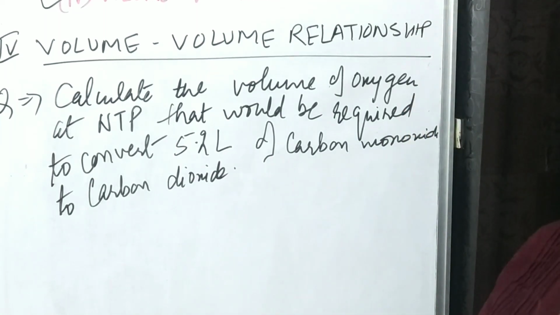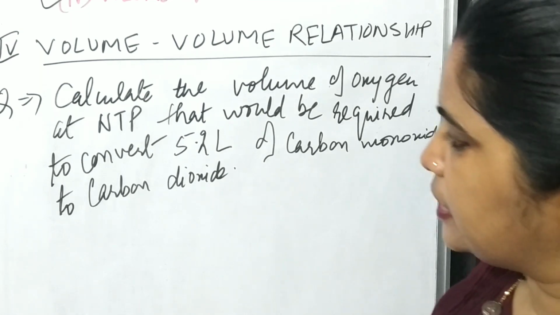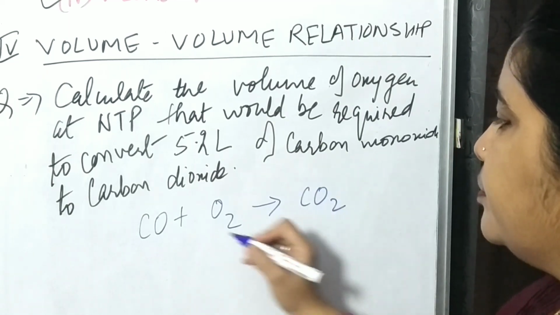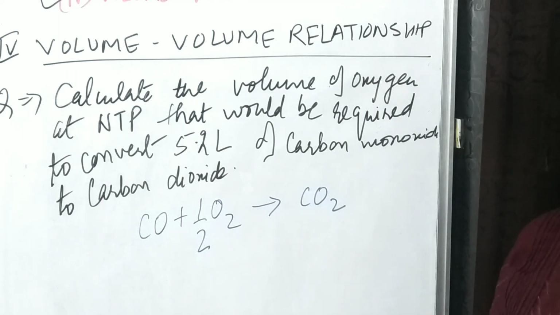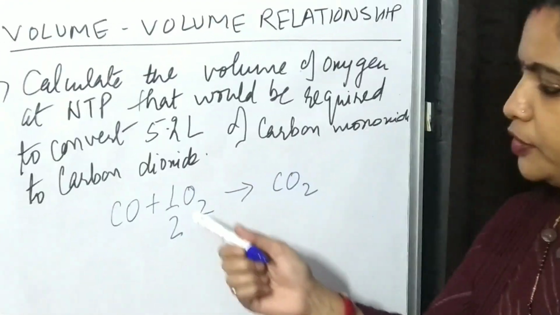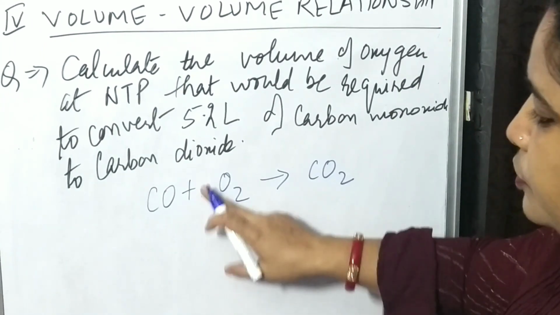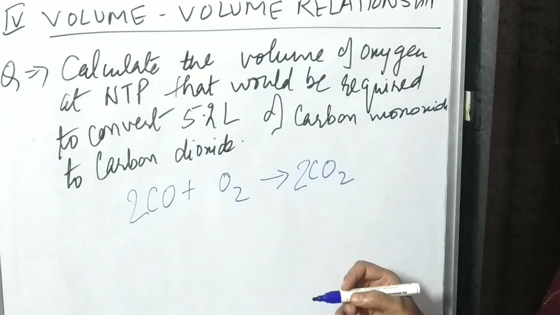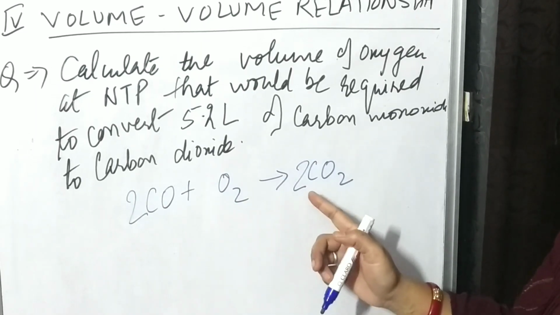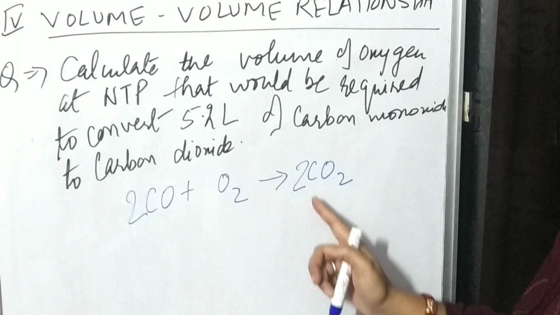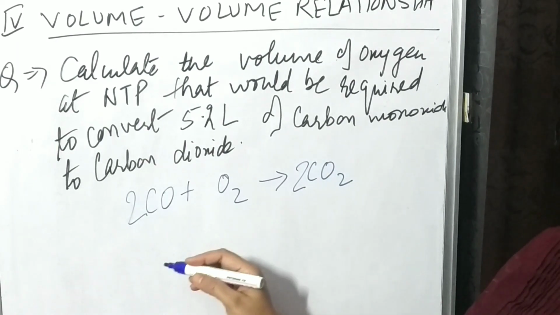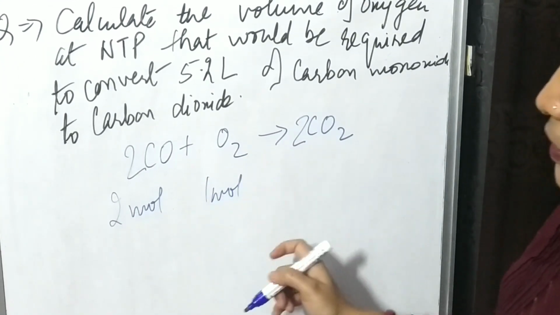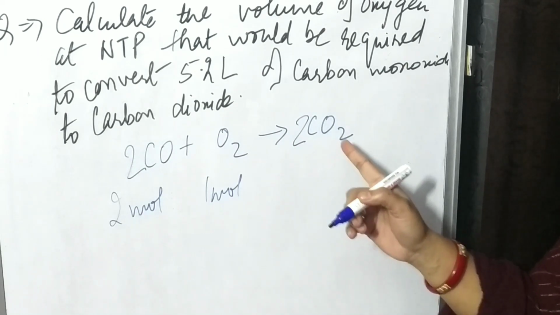In our previous question we have seen that CO when combined with O2 forms CO2, but there incomplete balancing was shown. Here you can put 2 to balance it: 2 carbons are there, and the oxygens become 4 on both sides. So we can say that 2 moles of carbon monoxide and 1 mole of oxygen combine to give 2 moles of carbon dioxide.